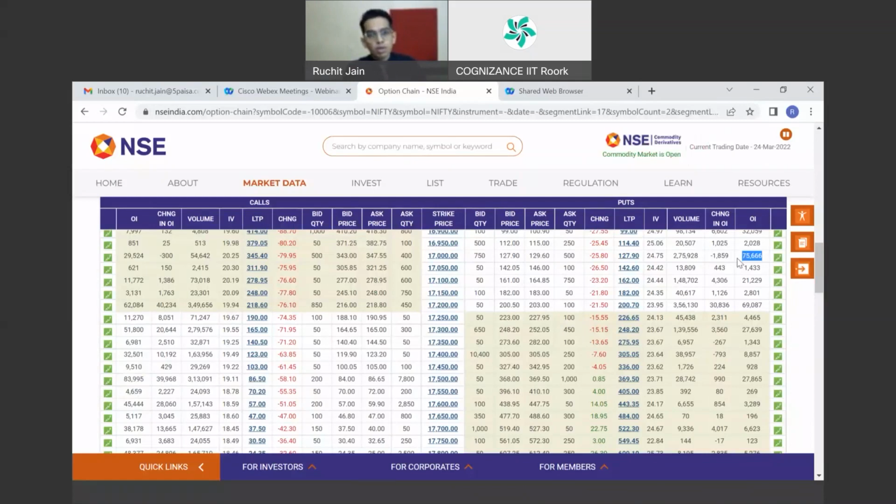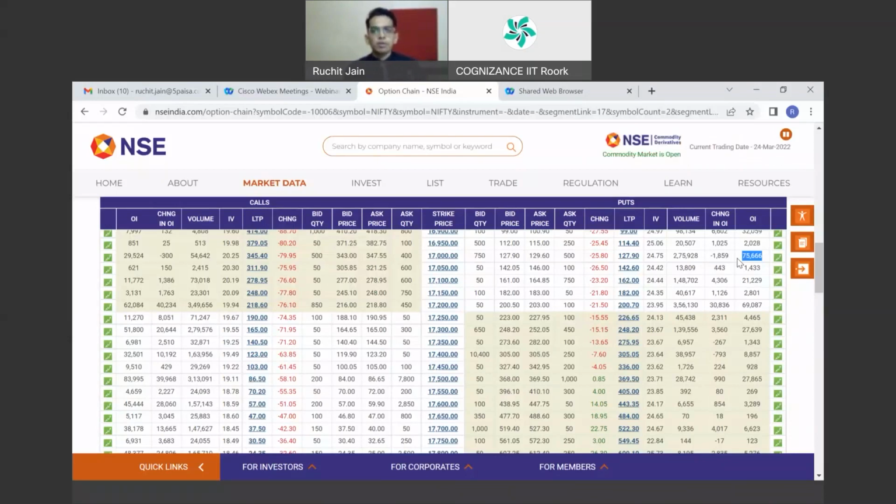The stronger the support, the chances of the market going down are less. Whenever the market comes near that 17,000 mark, it will see some buying interest, and prices will go up again. So if the support is strong and the market comes near that support, look for buying opportunities, look for buying call options.